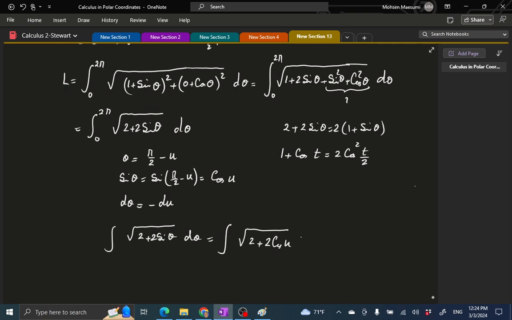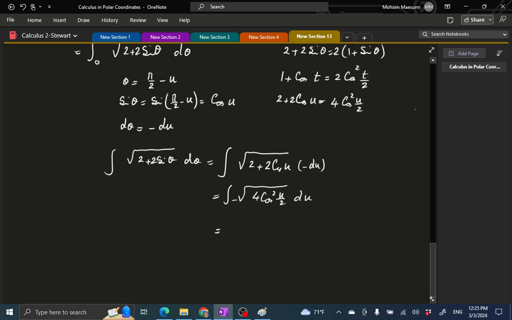Instead of d theta, we'll have minus du. 2 plus 2 cosine u, double of that, becomes 4 cosine squared of u over 2. So this becomes, in the radical, 4 cosine squared of u over 2, and then put the minus here.